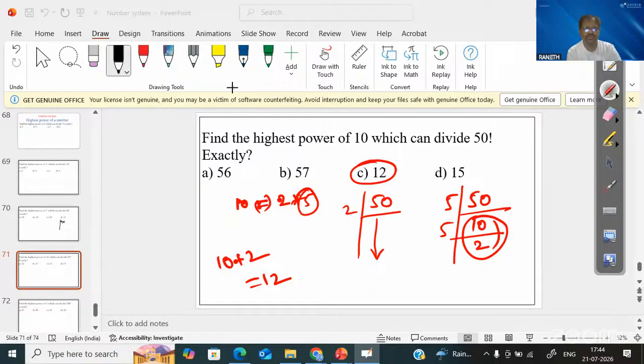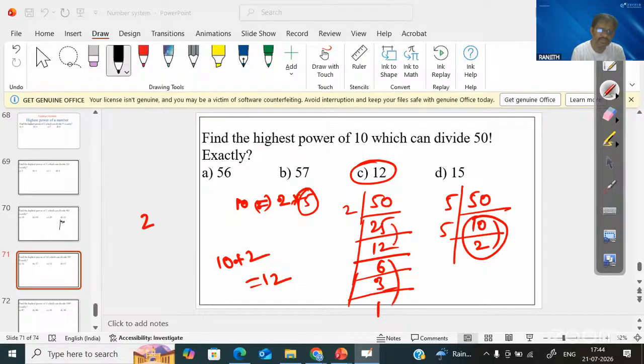If you go with 2, it will be on an average 47 or 48. So 25, 12, 6, 3, 1. 37, 40, 47. So I am getting 2 power 47.